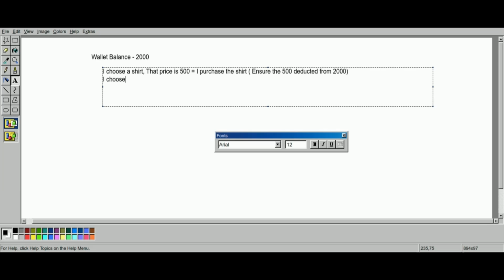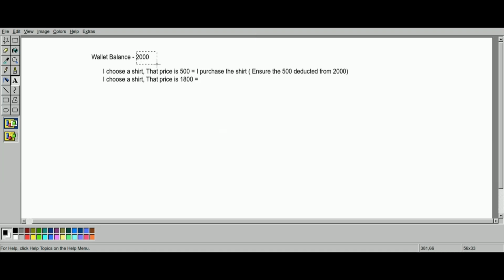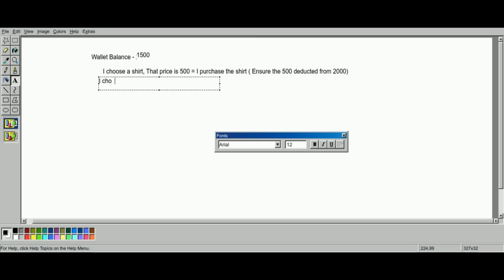Now wallet balance 1500. Okay, and then I choose a shirt, that price is 1800.